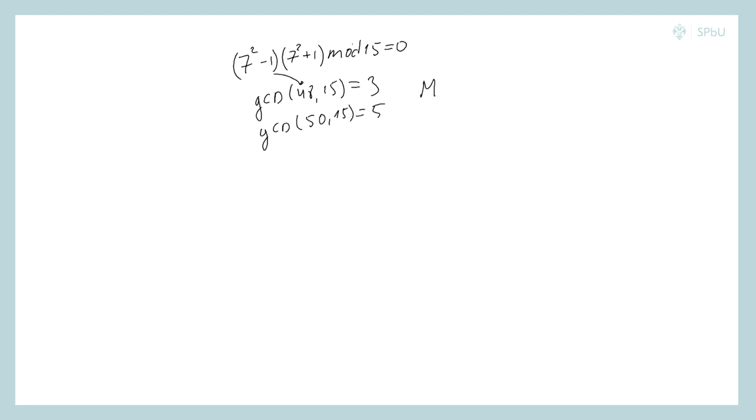Thus, m equals 15, which equals 3 times 5, and 3 and 5 are prime numbers, so we have factorized the number m.